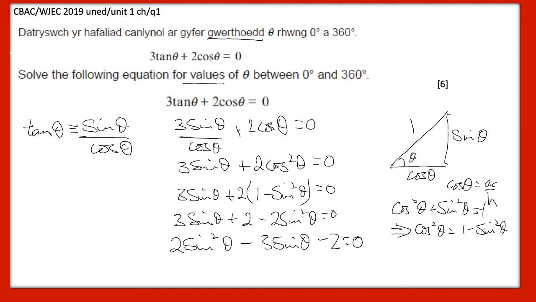Most of the time these things will factorize. I'm going to go on to a different sheet. So my equation I had was 2 sine squared theta minus 3 sine theta minus 2 equals 0.